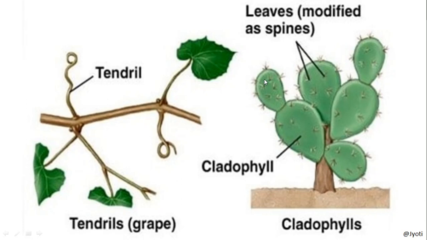Why are they modified into spines? To reduce the rate of transpiration. If all the leaves were there like normal leaves, then the rate of transpiration would be more. And since these are desert plants, they get less water from the atmosphere as well as from the soil. So to reduce water loss, the leaves are modified into spines.